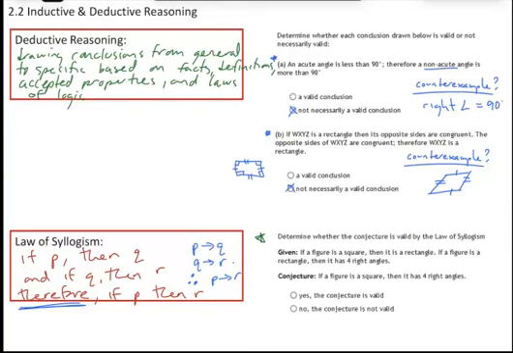If a figure is a square, that's P, then it is a rectangle, that's Q. If a figure is a rectangle, that's Q, then it has 4 right angles, we'll call that R. So there is the relationship. Is the conjecture stating that if P, then R? If the figure is a square, that's P, then it has 4 right angles, that's R.